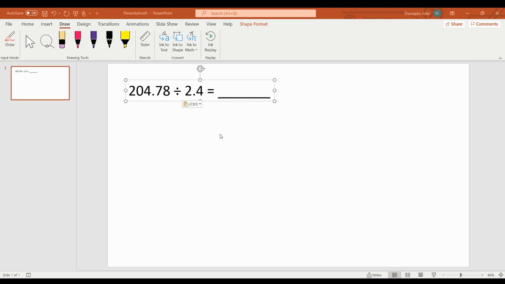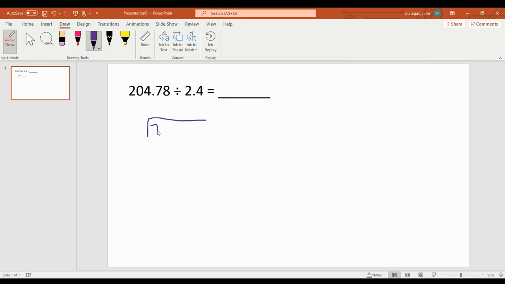So we're first going to set up the equation, and I'm actually going to write it on the side. All right, so I'm going to draw my division.